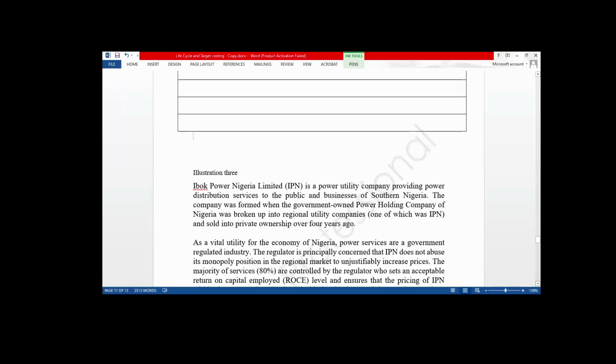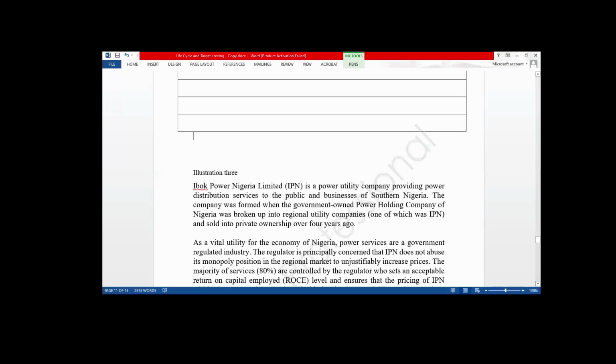The company was formed when the government-owned Power Holdings Company of Nigeria was broken up into regional utility companies, one of which was IPN, and sold into private ownership over 4 years ago.